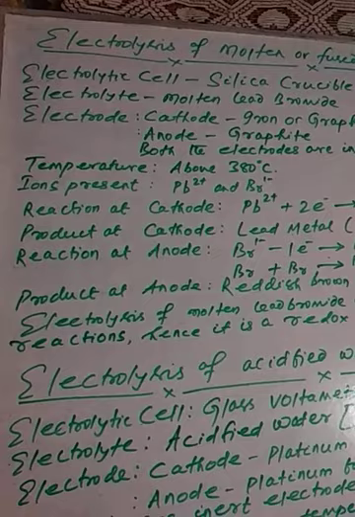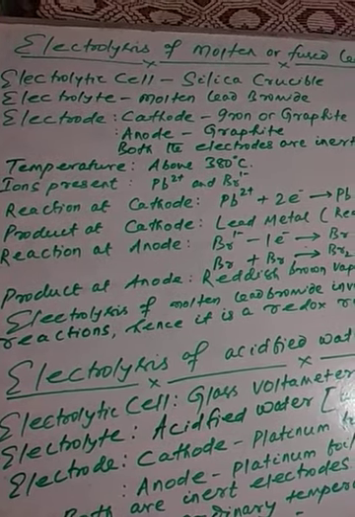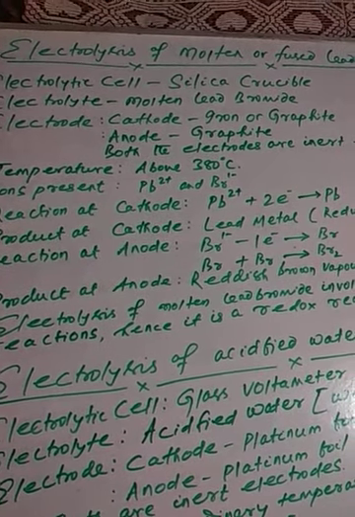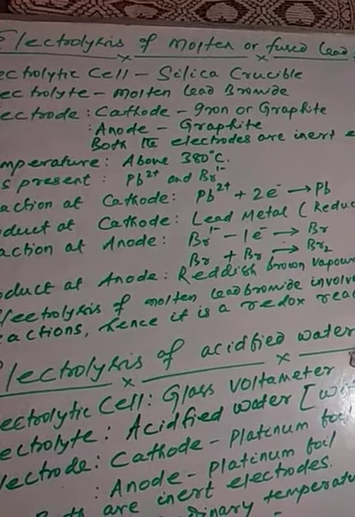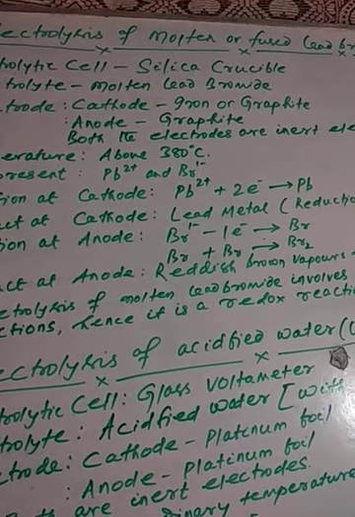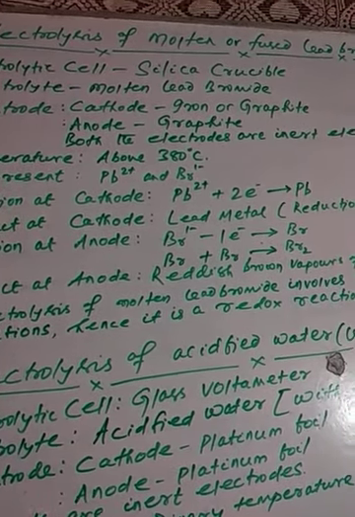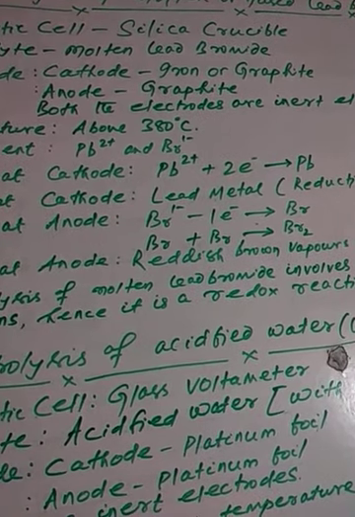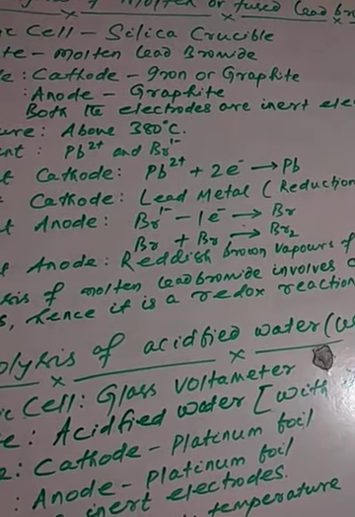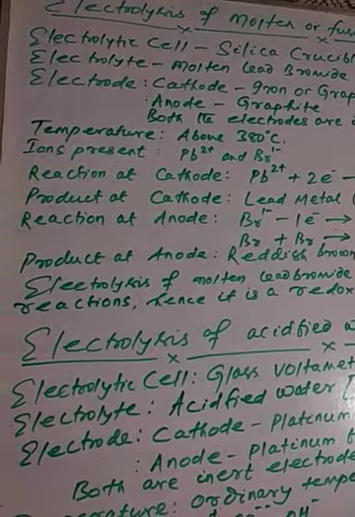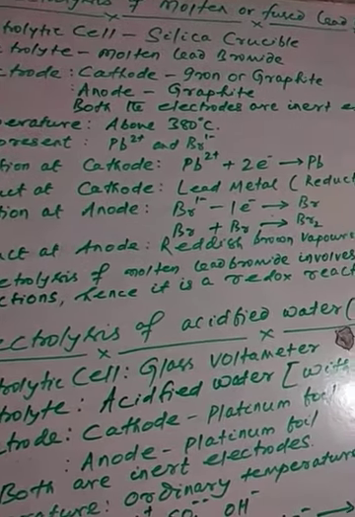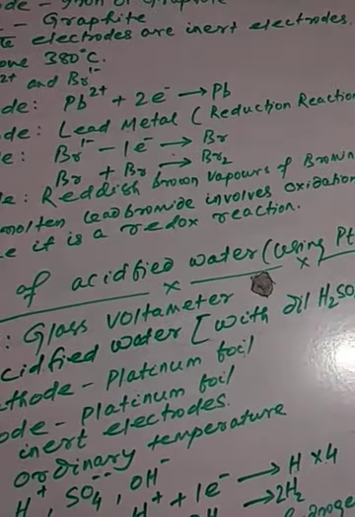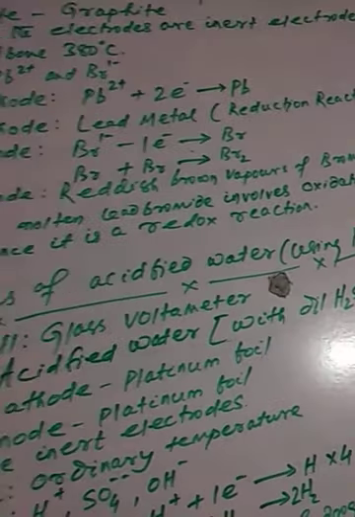Now, the reaction at the anode: bromide ions lose an electron and form a bromine atom. Two bromine atoms combine to form a bromine molecule, that is Br2. The product at the anode is reddish brown vapors of bromine.